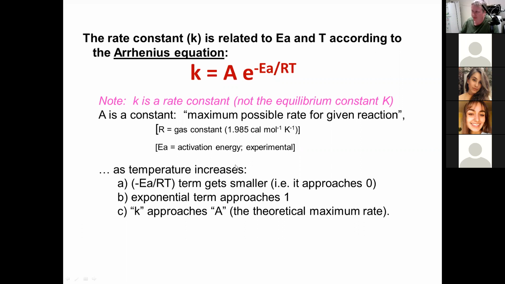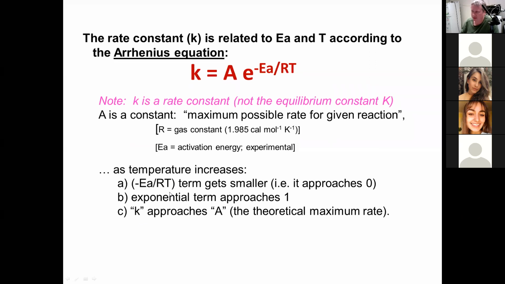And then as temperature gets higher, the exponent term approaches 1, okay? And ultimately then K, the rate constant, approaches A.